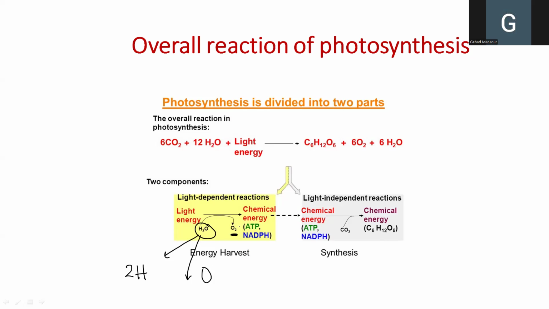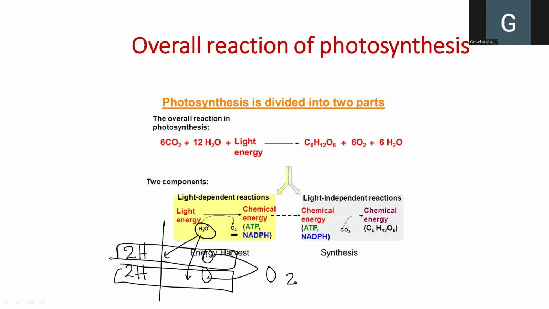So actually here, in order to get O2, you should have 2 hydrogen again and another oxygen. So you should have first 1 molecule of water and another molecule of water. When they both split, we get 2 oxygen atoms that combine in order to form this oxygen molecule, and then we have 4 free hydrogen atoms.